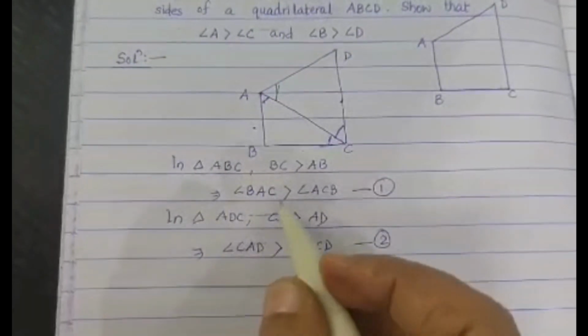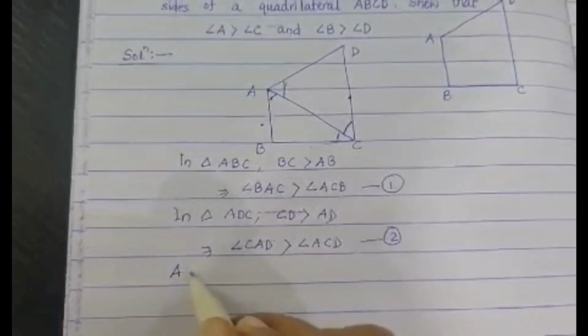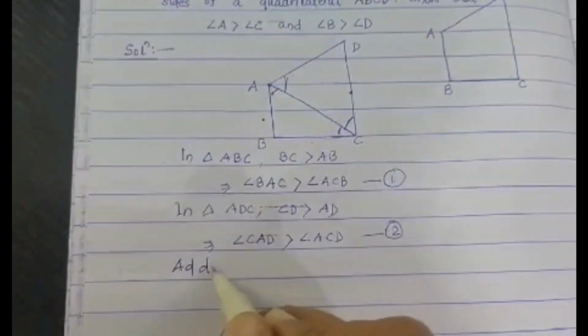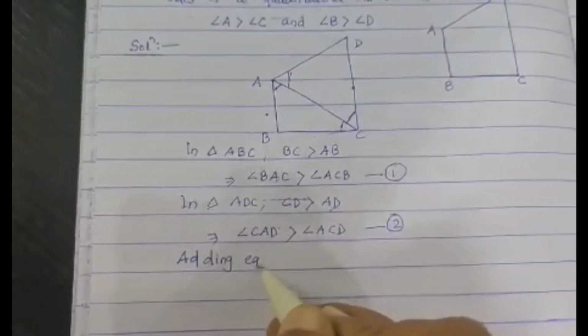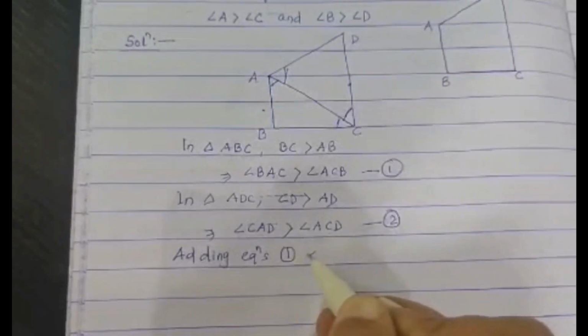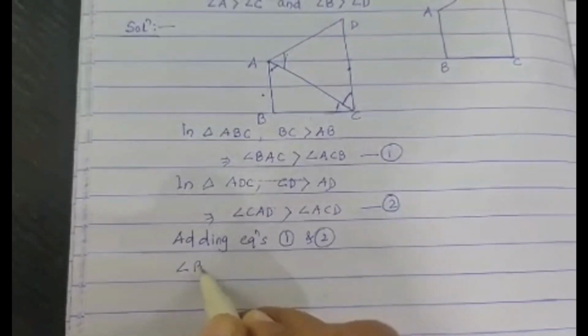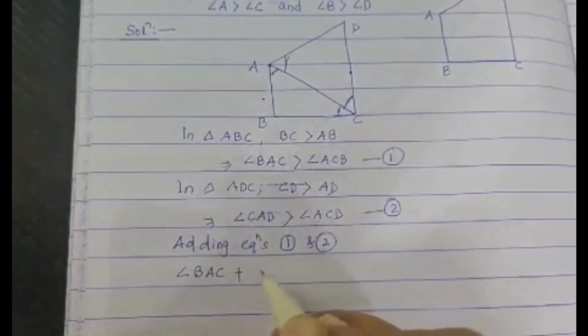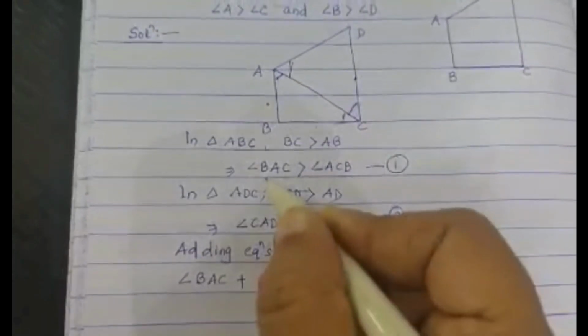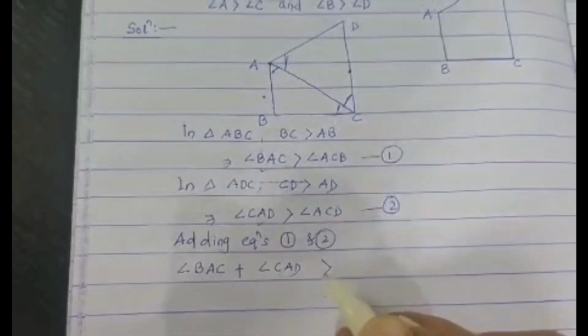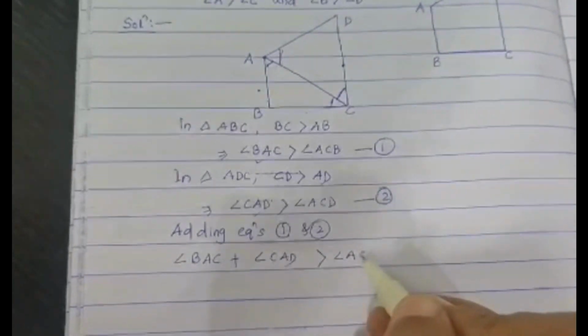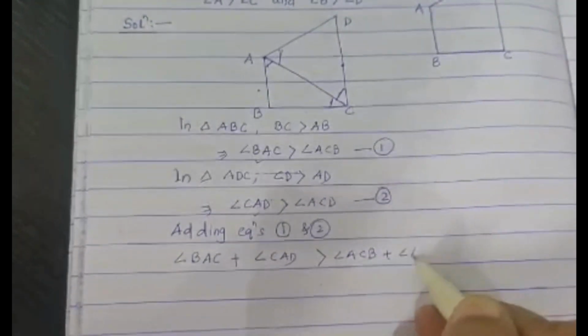Now what we will do, we will add these two equations, adding equations 1 and 2. So basically we are adding the angles. So angle BAC plus angle CAD, left hand side will be greater than angle ACB plus angle ACD.